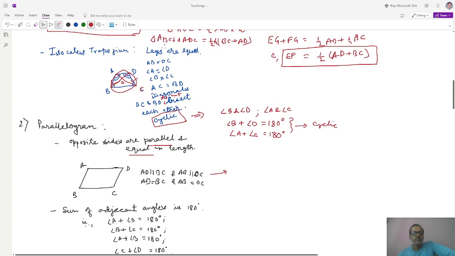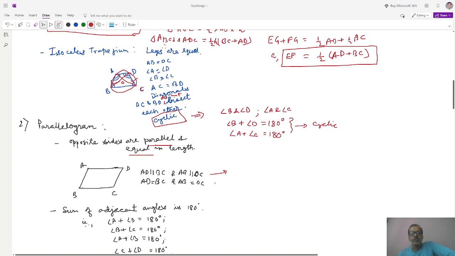In a parallelogram, it may be proved that AD equals BC and AB equals DC.